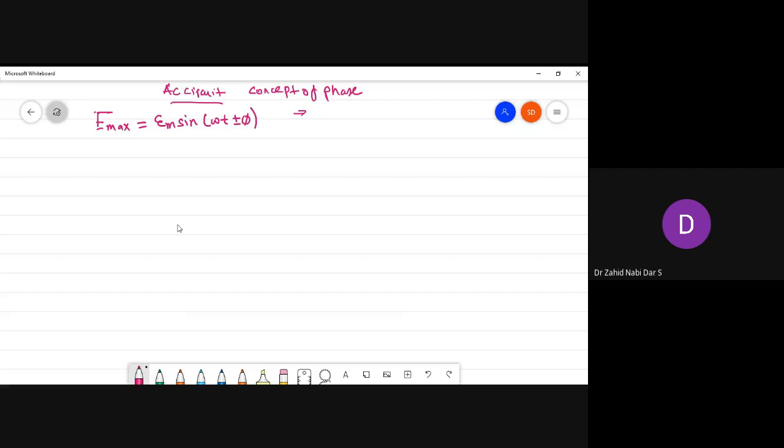Basically, what this means is that suppose you are having a circle over here. This is the circle that I have drawn. The total angle would be equal to 360 degrees, and from here to here, suppose this is the variation. This is the angle that is getting varied.